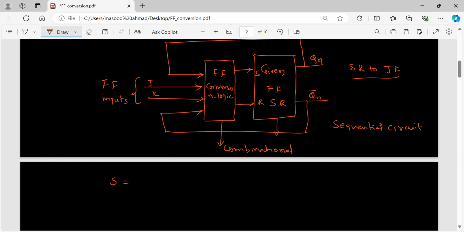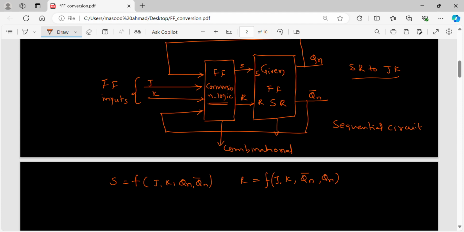If you look at S, what are the inputs? These are the outputs of the conversion logic. This is S, this is R. What are the inputs? J, K, Qn, and Qn bar. So S is a function of J, K, Qn, and Qn bar. R is also a function of J, K, Qn, and Qn bar.